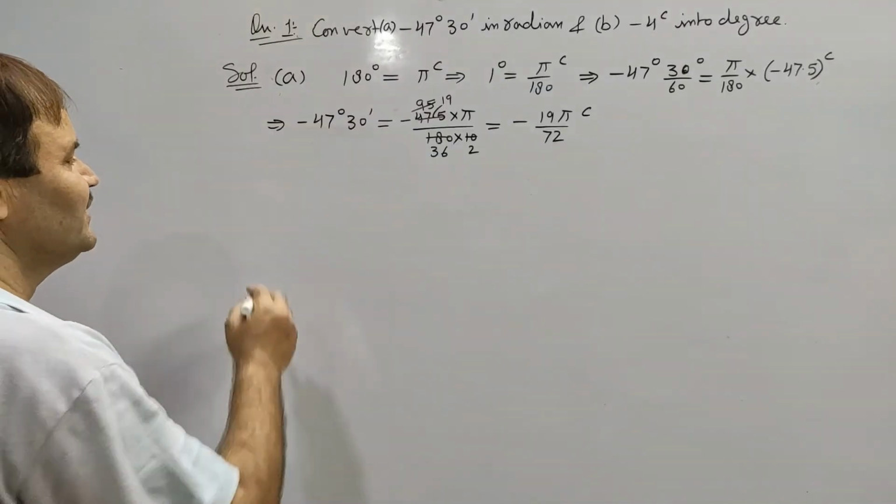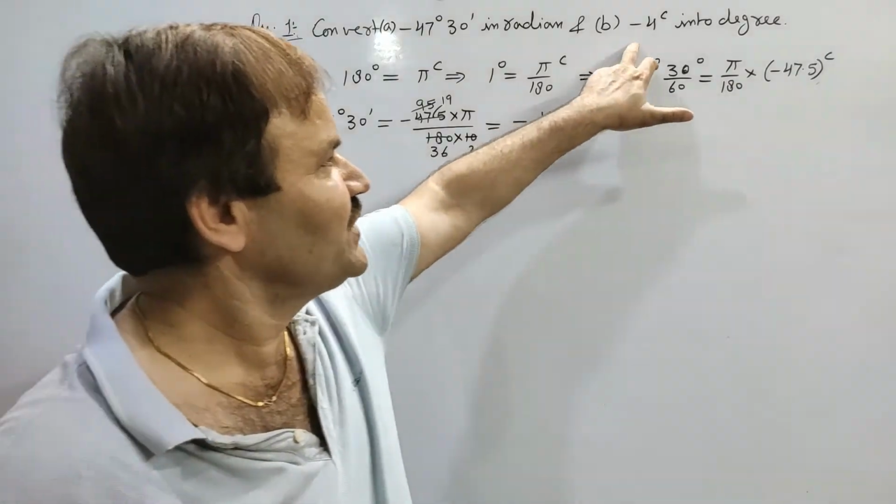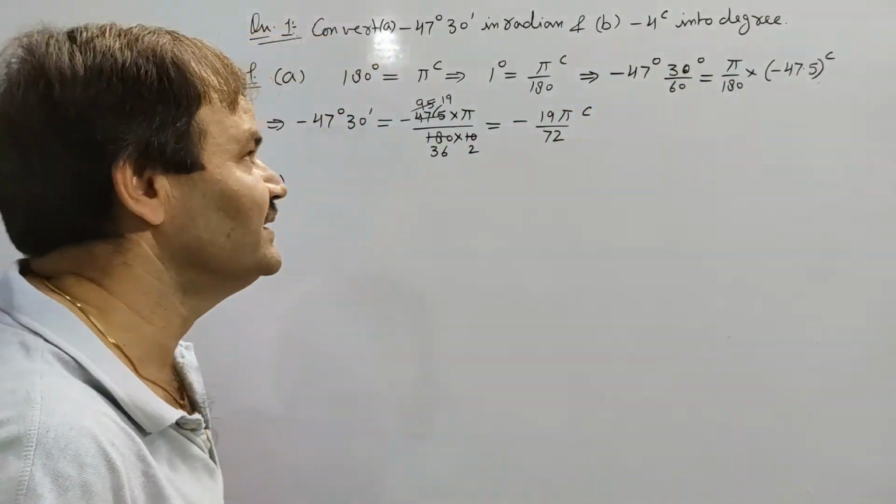Now the second part of the question: we have to convert minus 4 radian into degree.